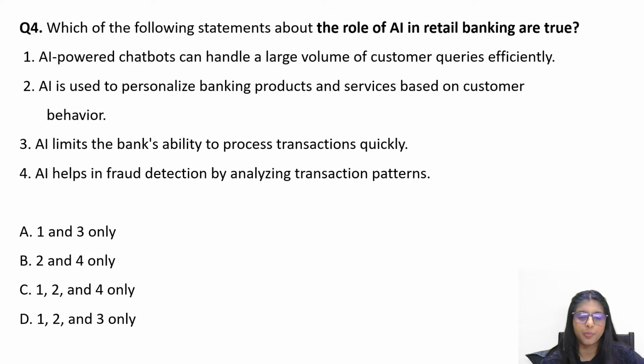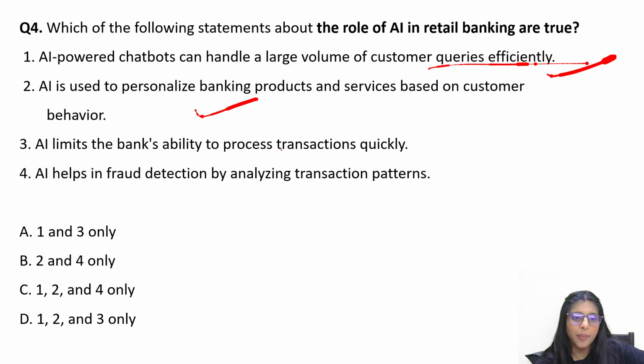Which of the following statements about the role of AI in retail banking are true? AI-powered chatbots handle a large volume of customer queries effectively. Yes. AI is used for personalized banking products and services based on customer behavior. Yes. AI limits the bank's ability to process transactions quickly.